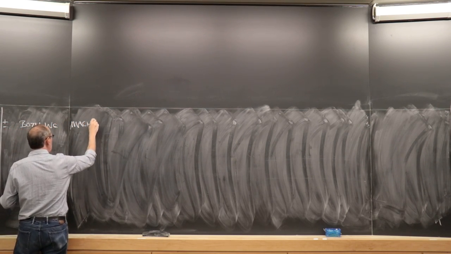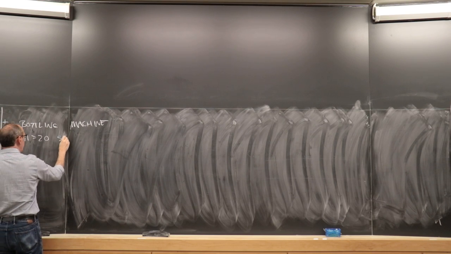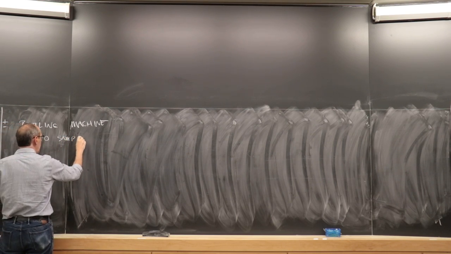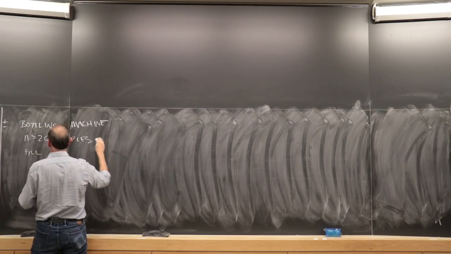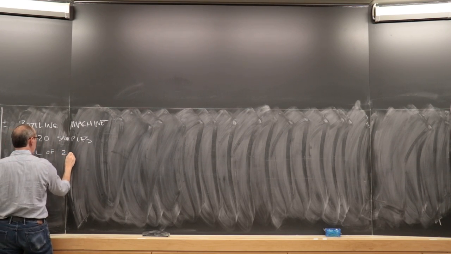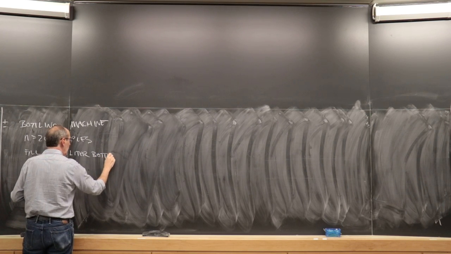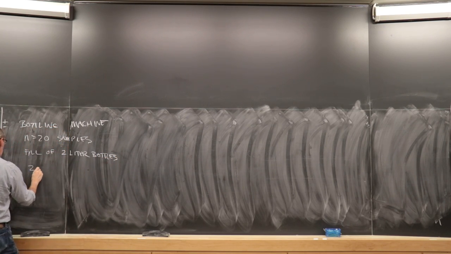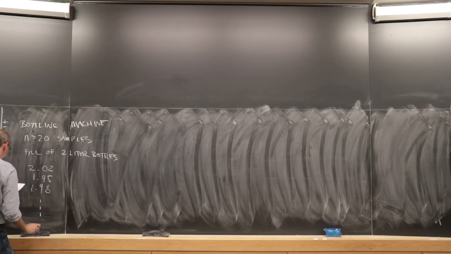And this bottling machine has, let's do n equal 20 samples, and we get a fill of 2 liter bottles, and 2.02, 1.95, 1.98, and so on.